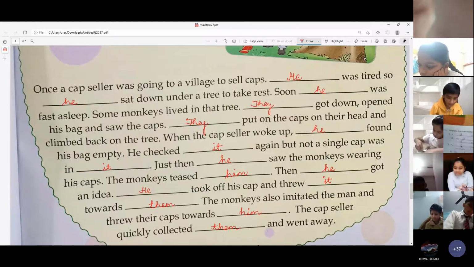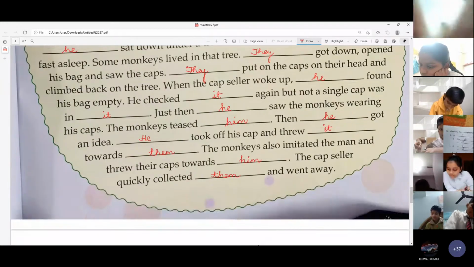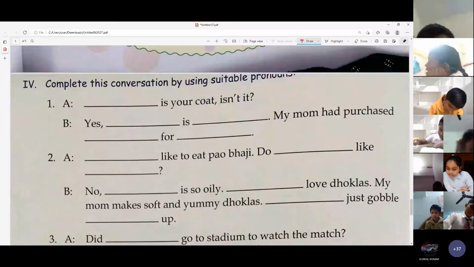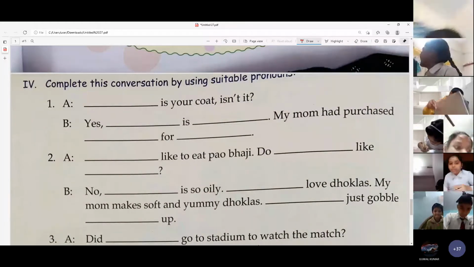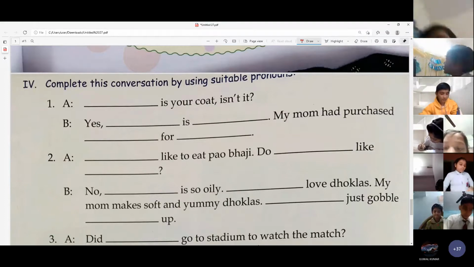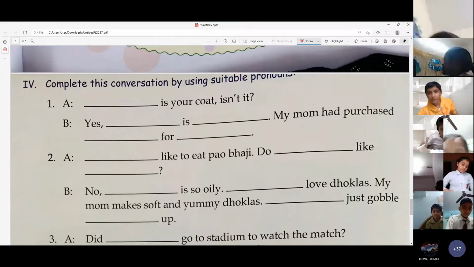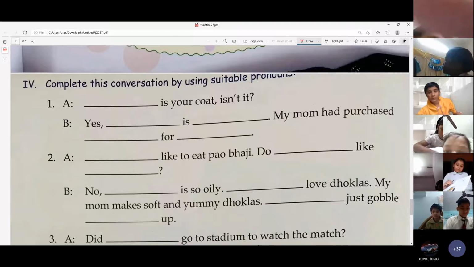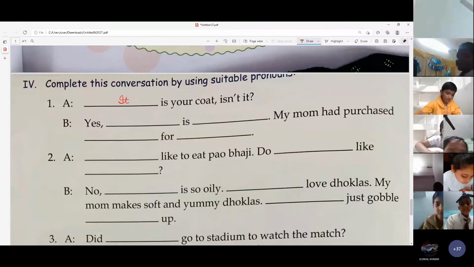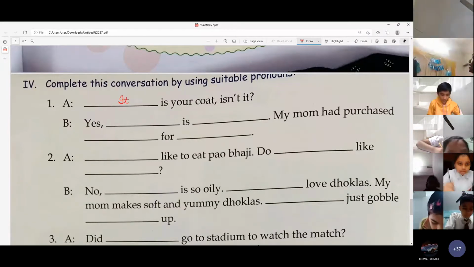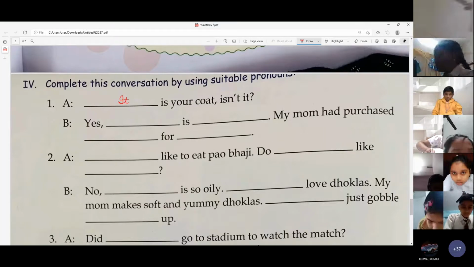Very good. Now, next. Complete this conversation by using suitable pronouns. A is a boy or a girl, whatever, I mean a person. It is your coat, isn't it? Ma'am, it.